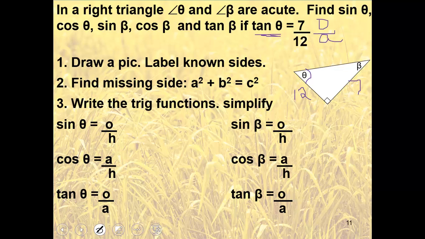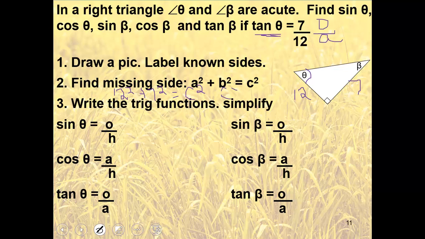That's like c, using the Pythagorean theorem. So I have 12 squared plus 7 squared equals c squared. That's 144 plus 49, which is 193.